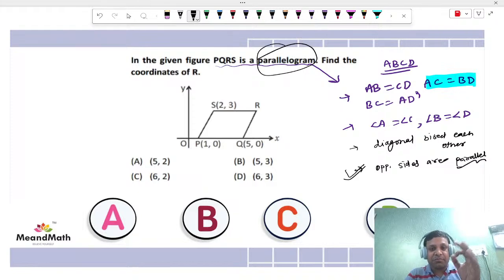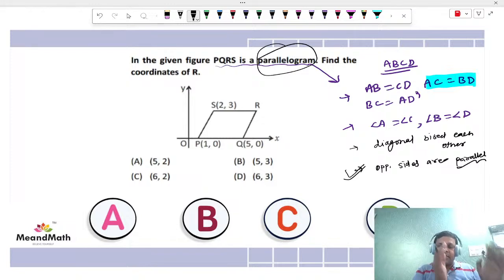No, this is the property of the parallelogram. Opposite sides are equal and opposite angles are equal are the properties of parallelogram. This is not the definition. The definition is that in a quadrilateral, if a pair of opposite sides are parallel, then it's a parallelogram. Okay, that's why the name is parallelogram. So the properties and definition both are different here.